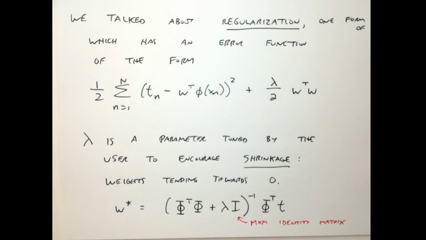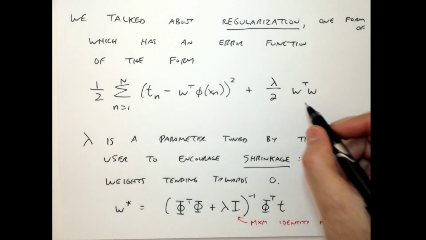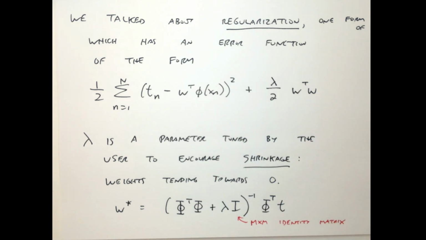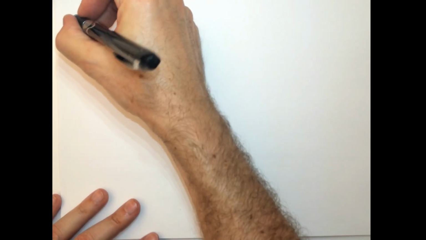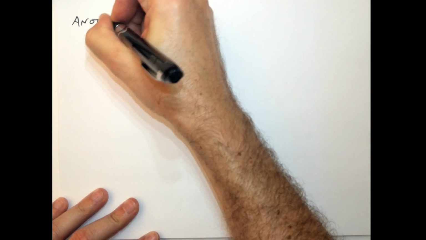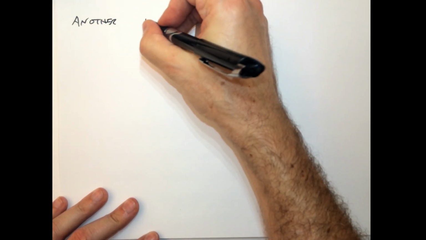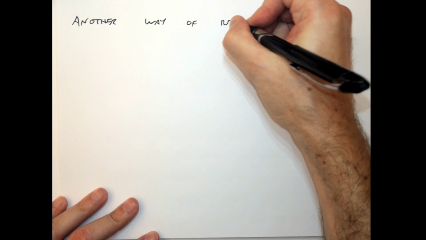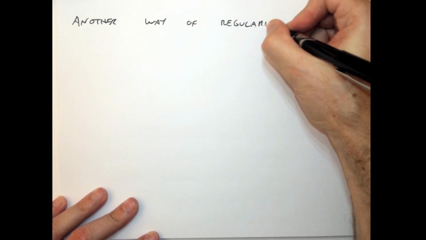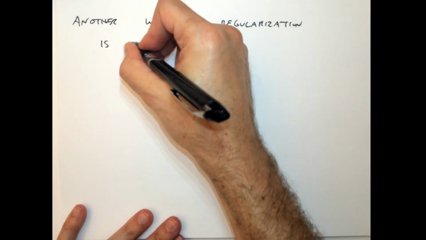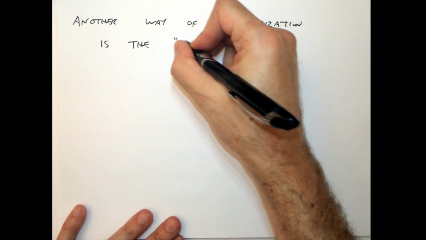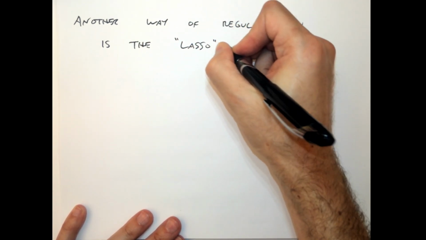But like I said, this is not the only way to do it, right? So there are more general ways of doing regularization, which I may or may not touch on in more detail, but this is a specific one that says that the sum of squares of W should be small, right? Another way of doing regularization, which you may see if you're reading an academic paper, is called the lasso, which sounds cool.